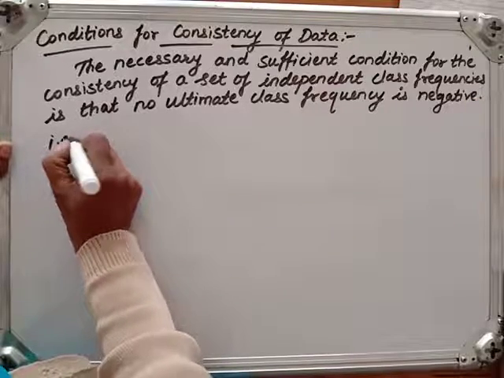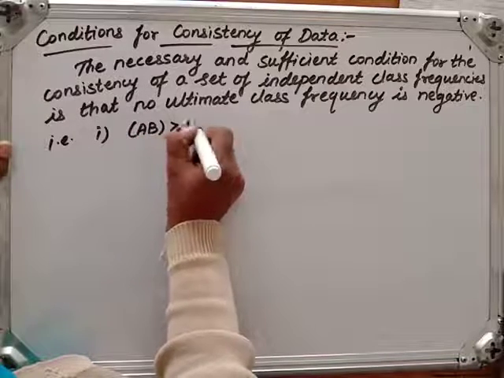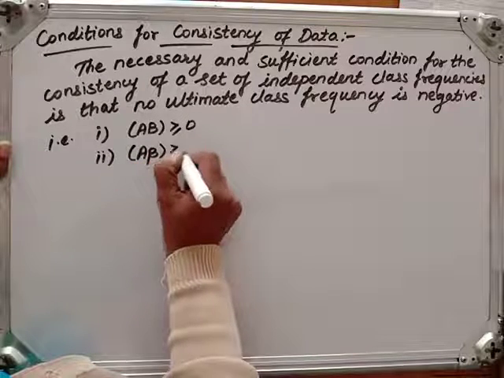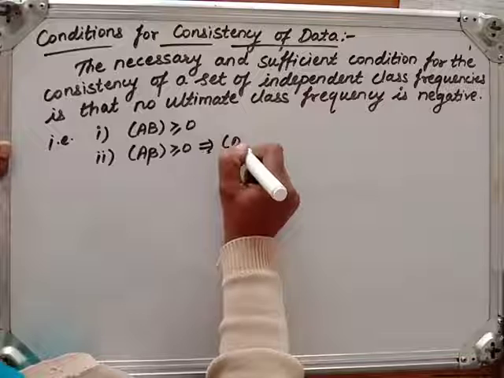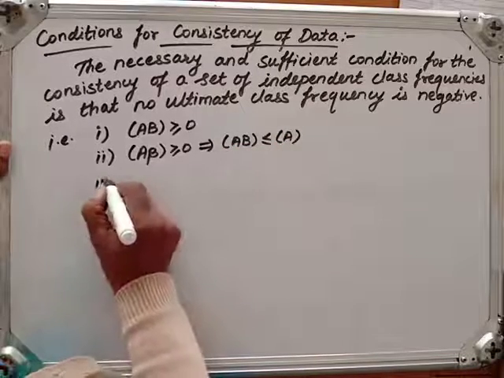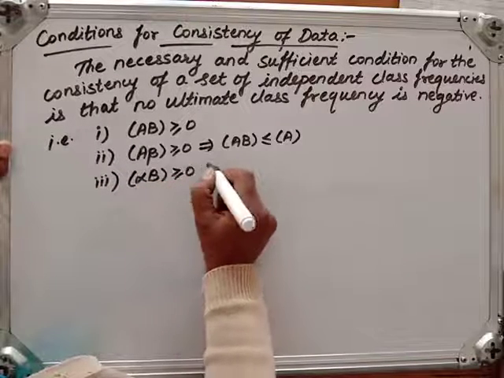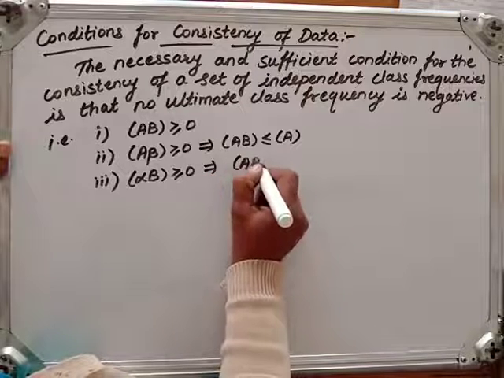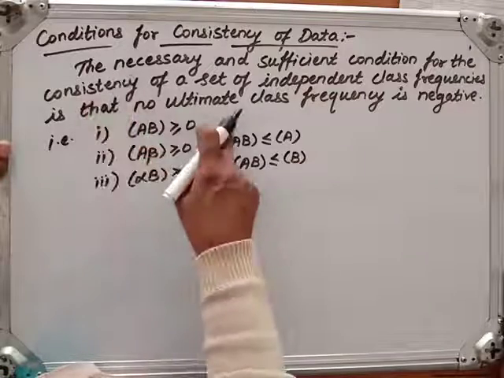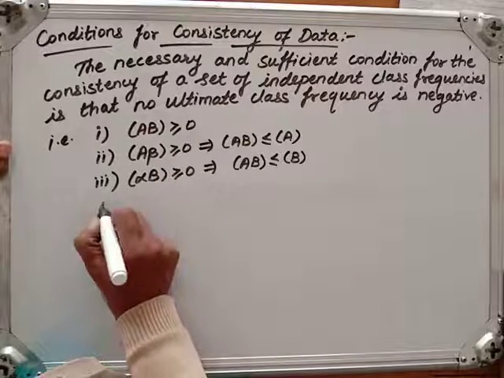That is, first, AB is greater equal 0. Second, A beta is greater equal 0 means AB is less equal what? A. Third, alpha B is greater equal 0 means AB is less equal B. None of the ultimate class frequencies is negative means all ultimate class frequencies are what?